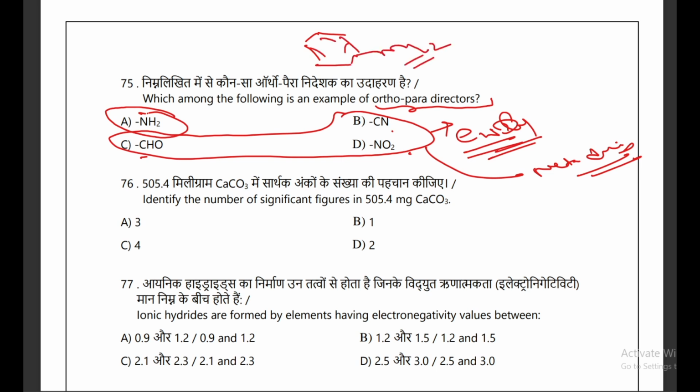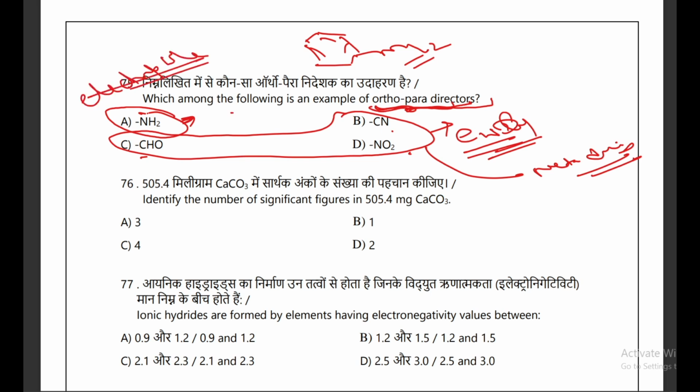Okay, and due to which there will be more electron density at ortho and para positions, and due to which the electrophile will be attached easily at ortho and para positions in comparison to meta. It means that the NH2 group is the best ortho and para director for an electrophile.